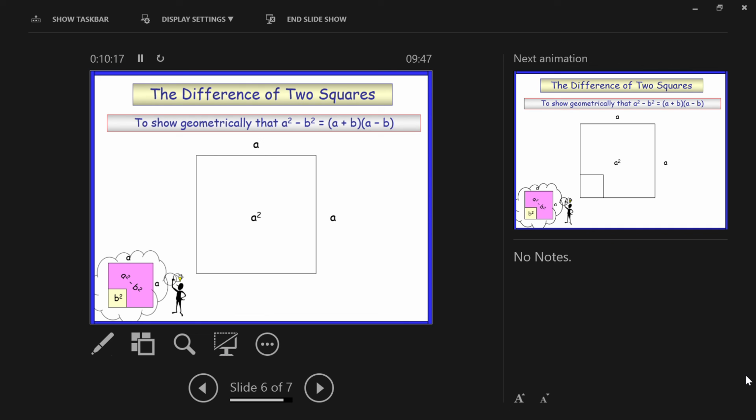Now, if I have a small square with b each side, then it would be b squared. So this part would then be a minus b. Do you guys agree?